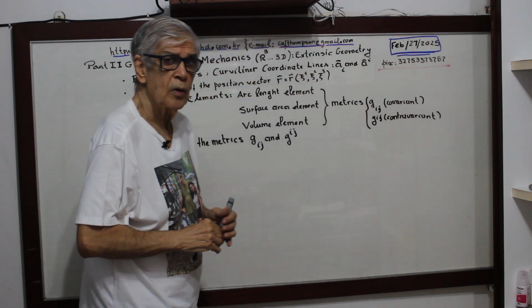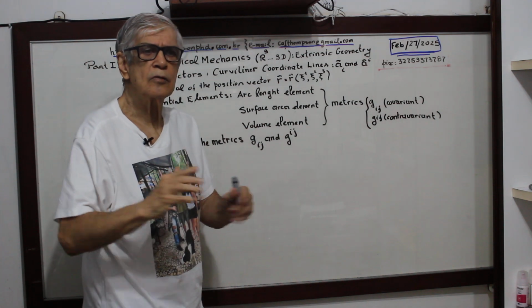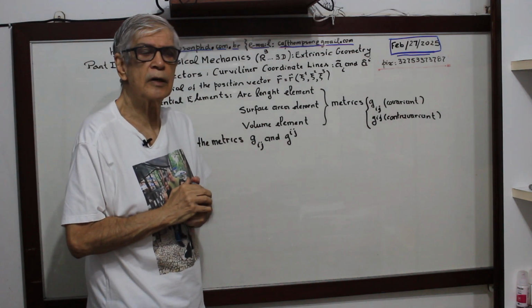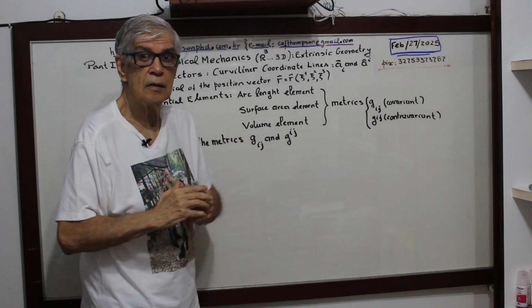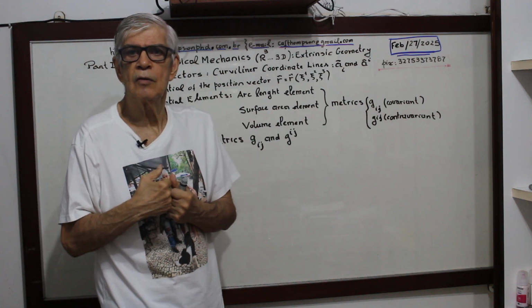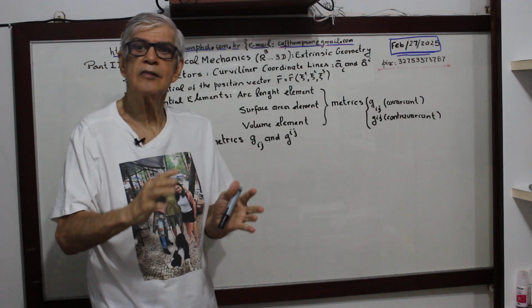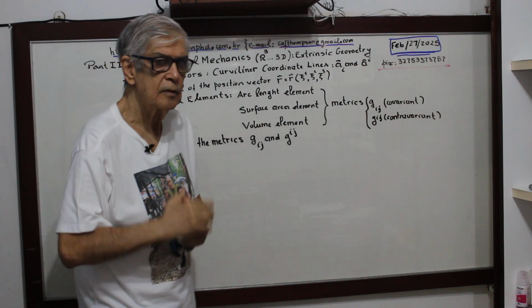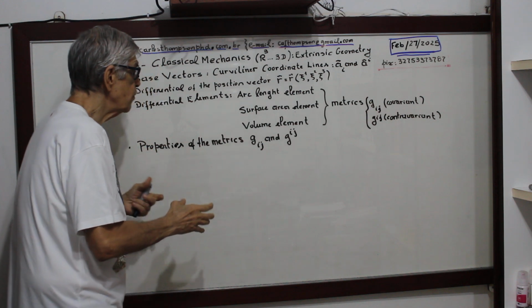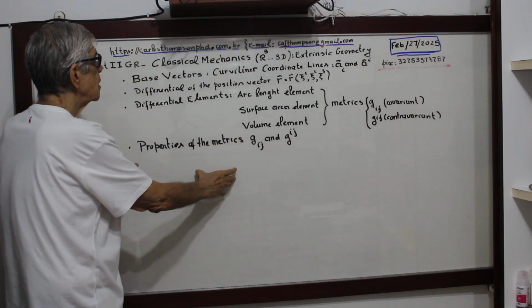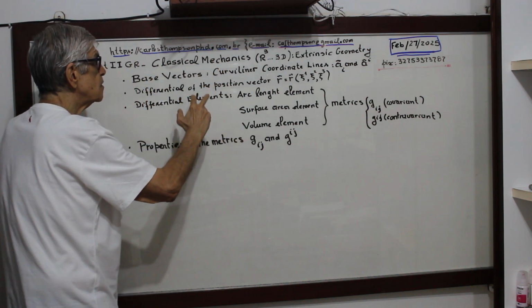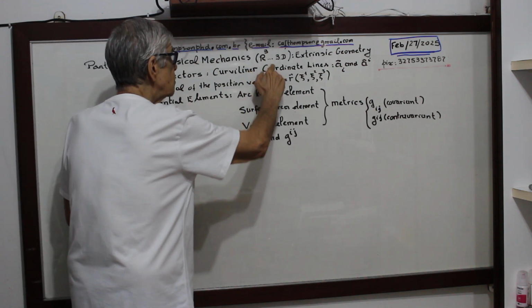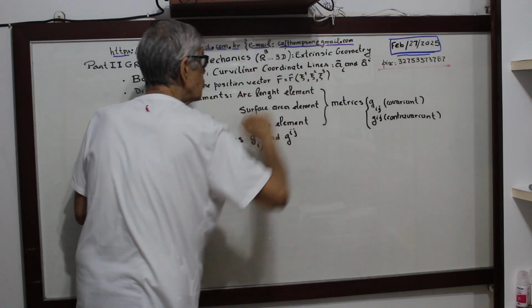All the derivations about the metric we can use for the intrinsic geometry, as you will see later. That's why it's very important to understand in classical mechanics the three-dimensional extrinsic geometry.